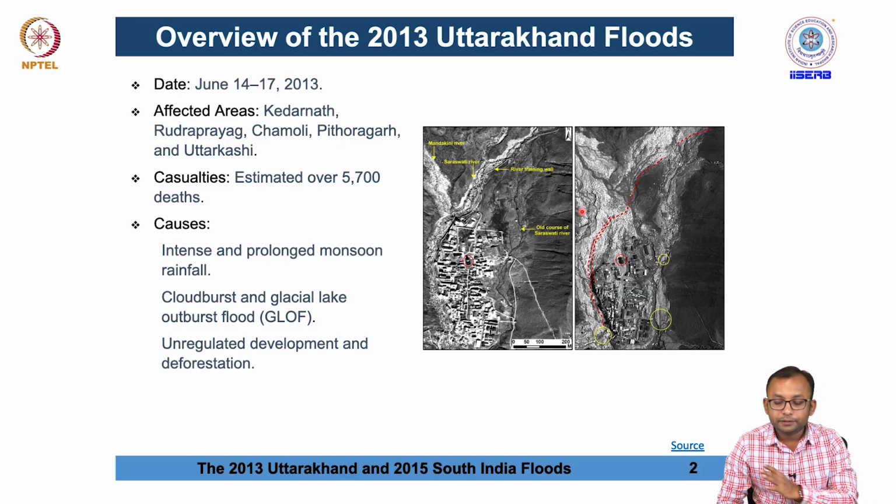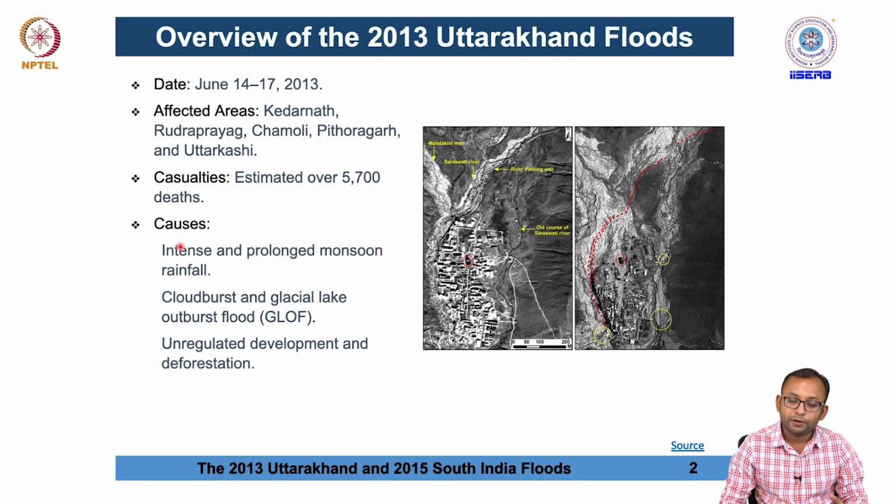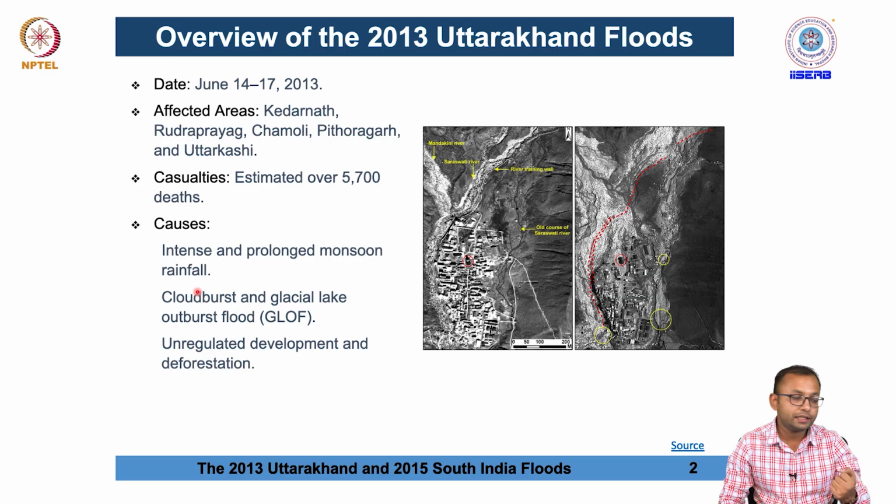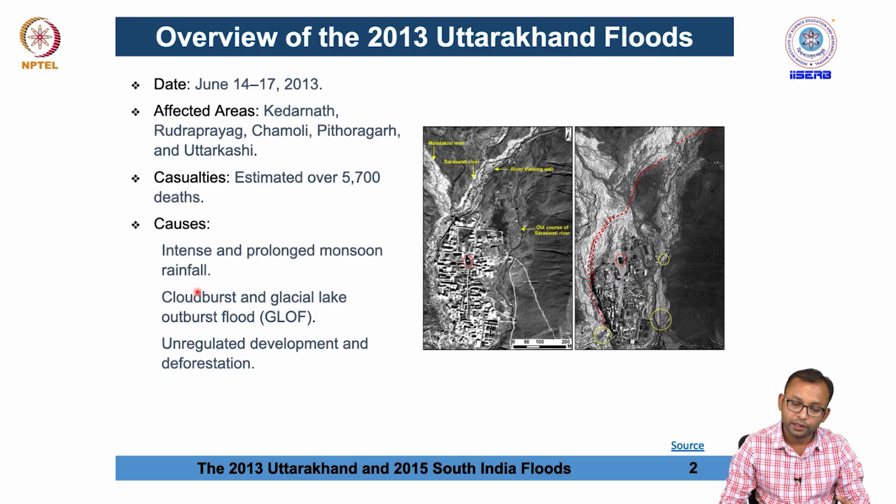Another reason for the Uttarakhand floods was intense and prolonged monsoon rainfall. Because of this very intense and prolonged monsoon rainfall, a cloudburst event occurred, a very high magnitude rainfall event, upstream of the Kedarnath valley.